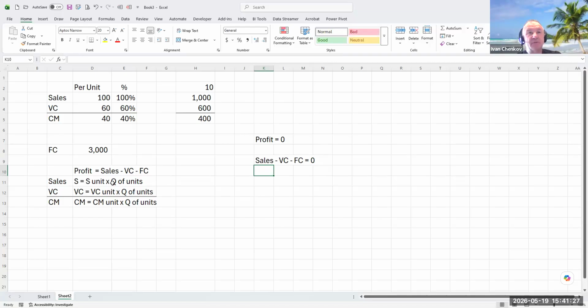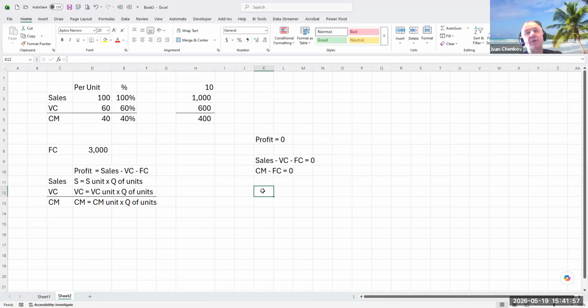But from these formulas, we already know that sales minus the variable cost is contribution margin. Correct? So if I put this in, I can expand the formula: the contribution margin minus the fixed cost should be equal to 0.